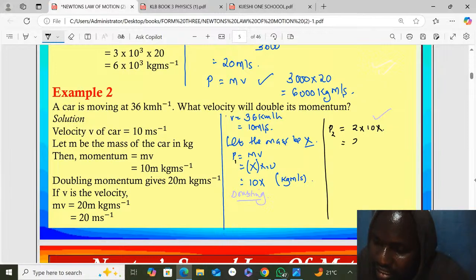This one will be getting 20x kilograms meters per second, in that manner.